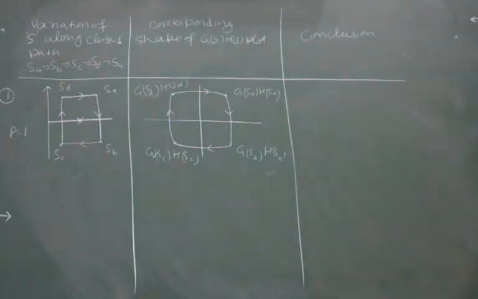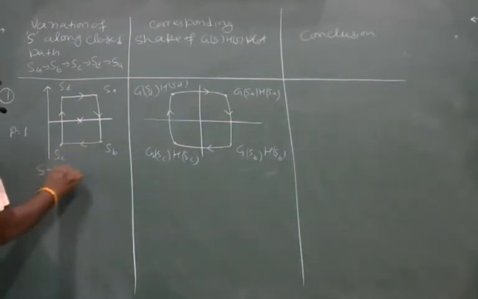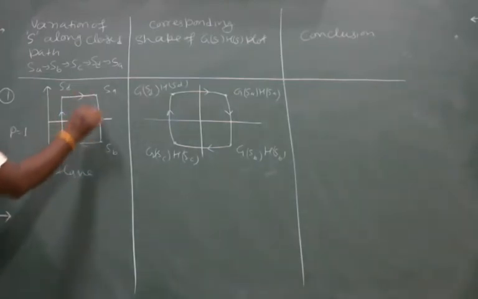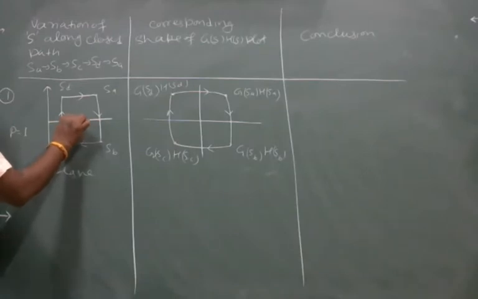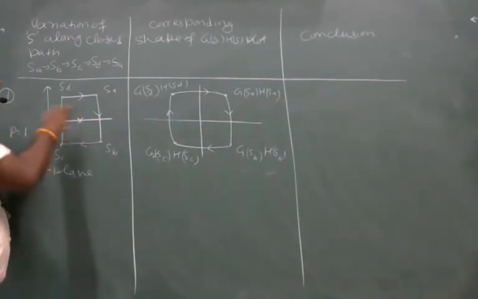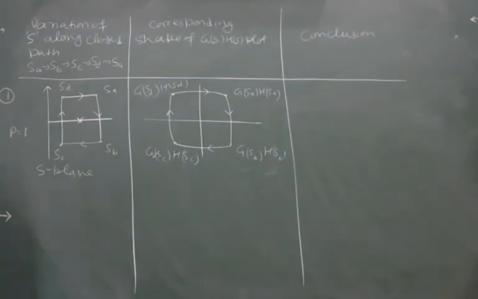So what we see in S plane is that a closed path encloses a pole, and the direction of the closed path is clockwise, right?